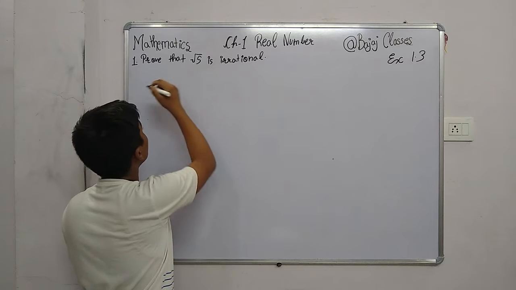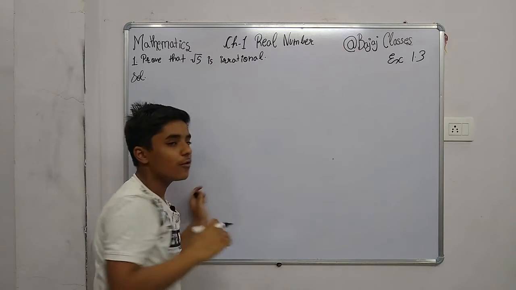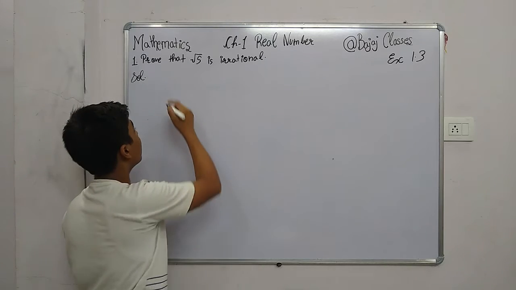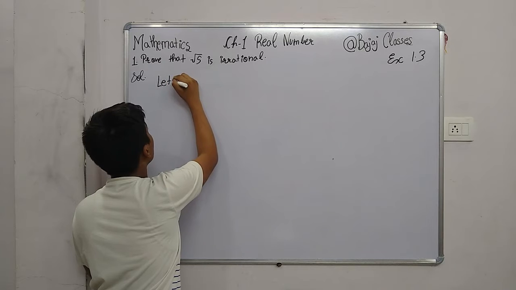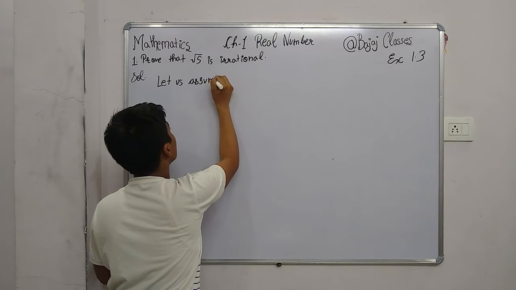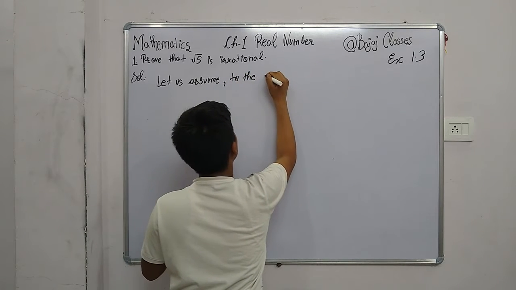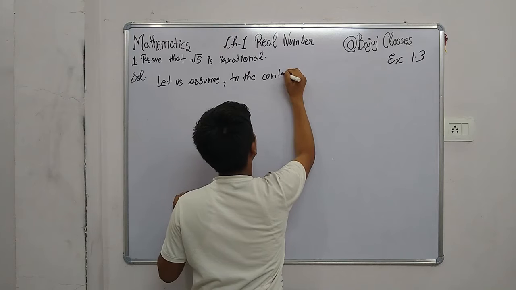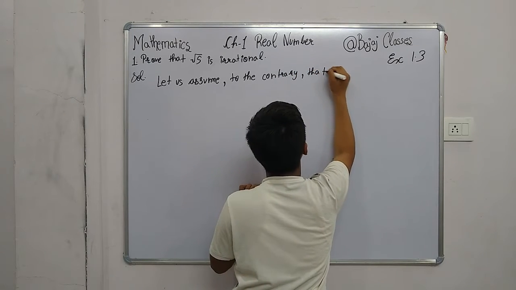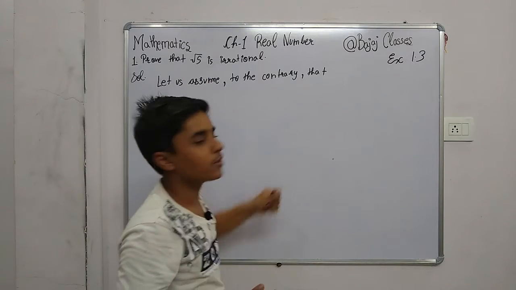So our solution of this first question. First of all, what is the first step? We have to take a contradiction. Let us assume to the contrary that under root 5 is rational.